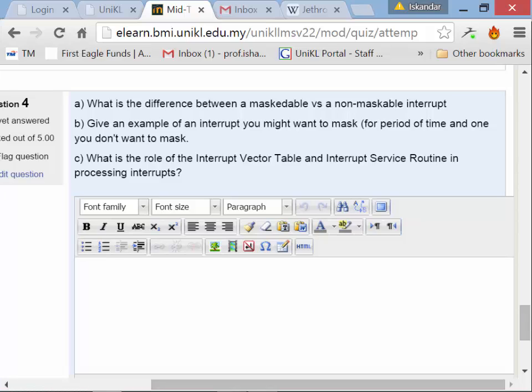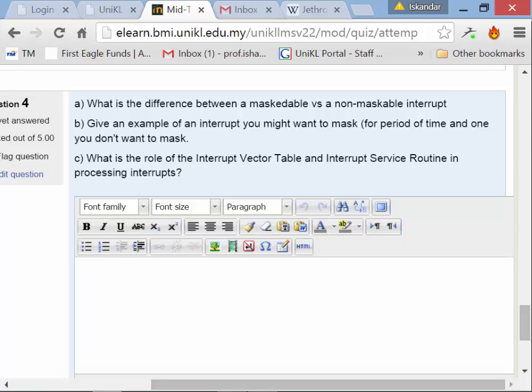An interrupt that you might want to mask is, for example, the flow rate of a gasoline pump. One you don't want to mask is the shut-off valve on a gasoline pump. Another is a missing signal on a heart rate monitor.